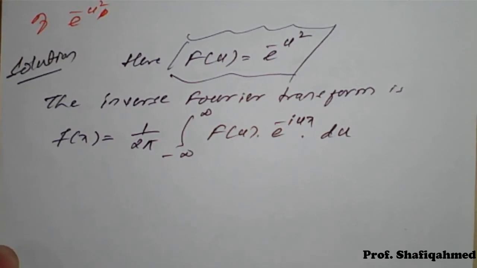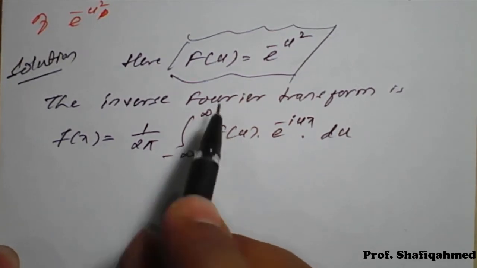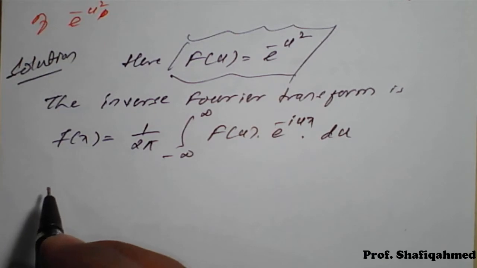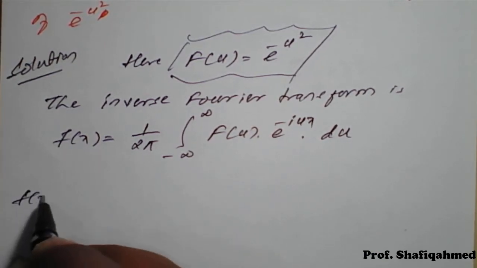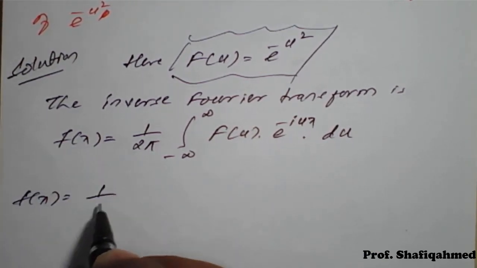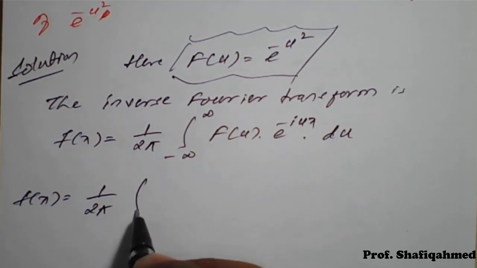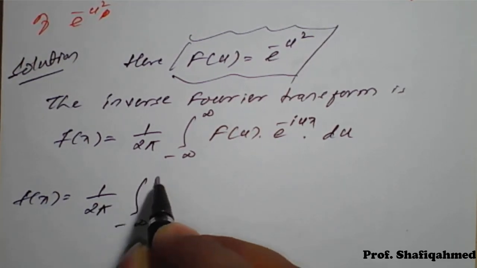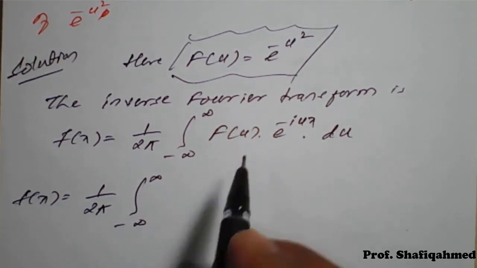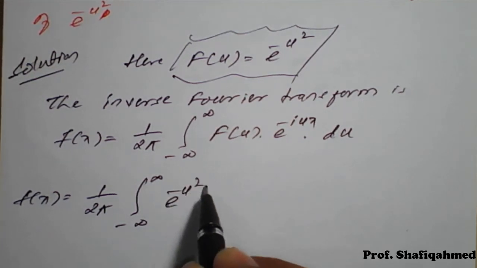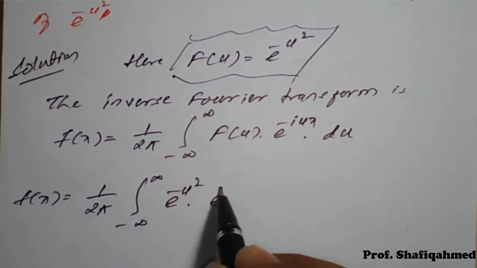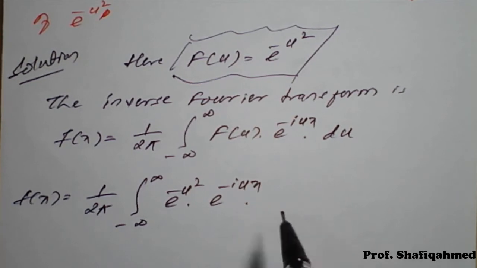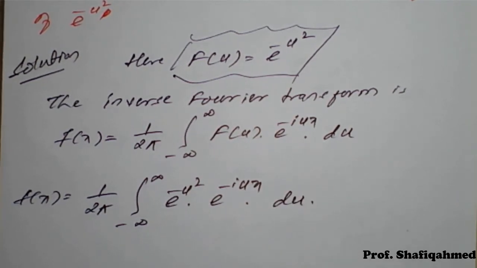So here we will replace the value of F of u as e raised to minus u square. So therefore f of x is equal to 1 upon 2 pi integration minus infinity to plus infinity e raised to minus u square into e raised to minus i u x into du.